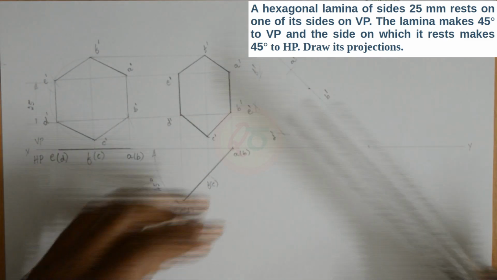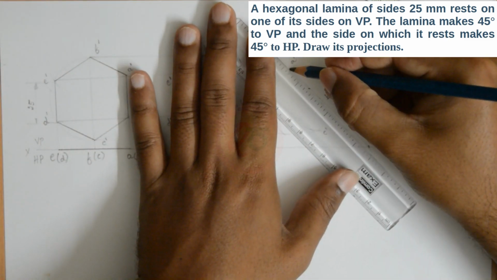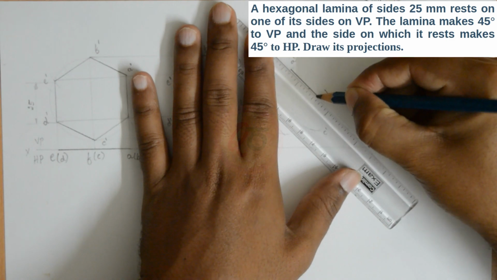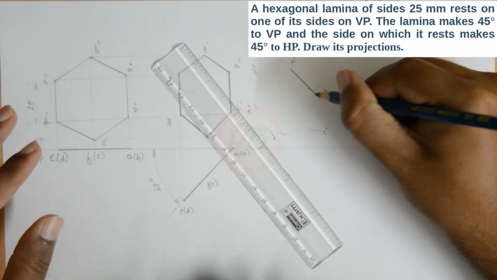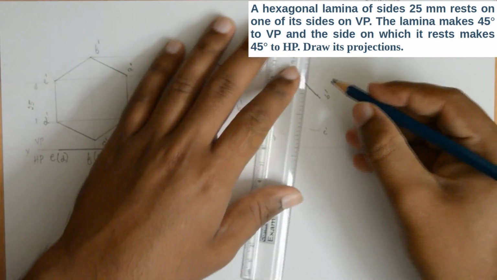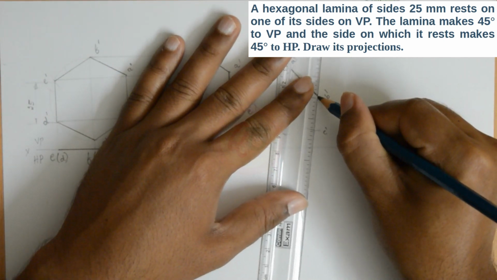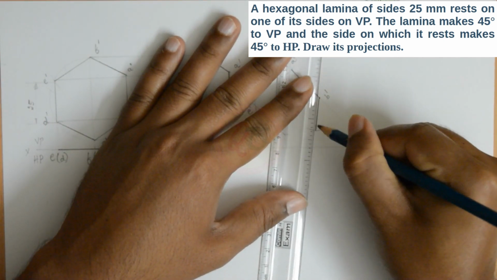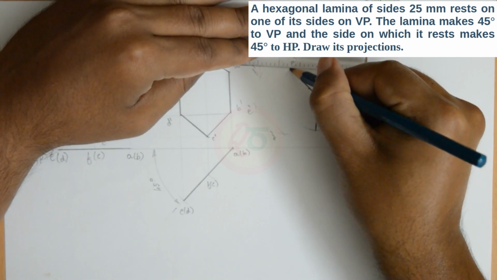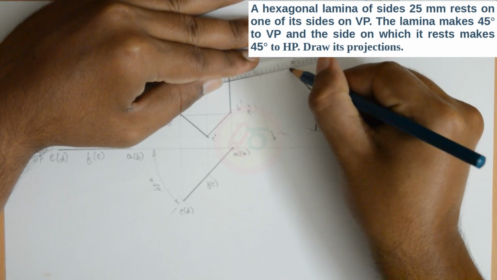Now join the respective edges. So A dash to B dash is the first edge. B dash to C dash is the second edge. A dash to F dash will be the third edge.